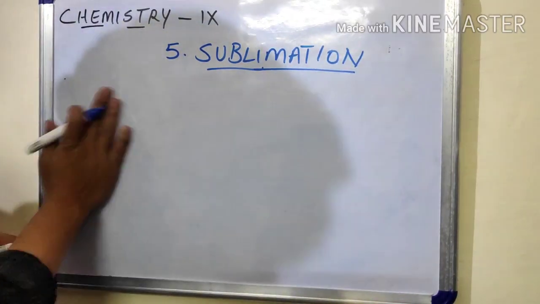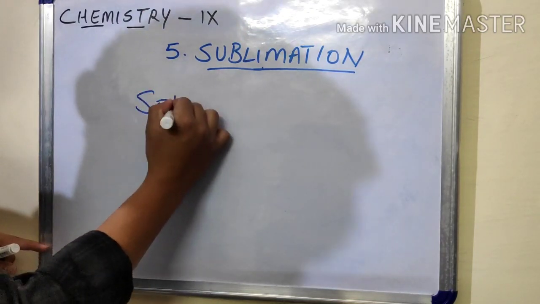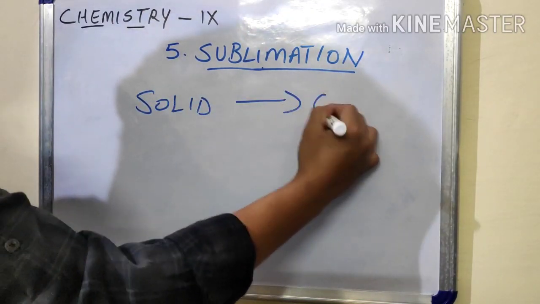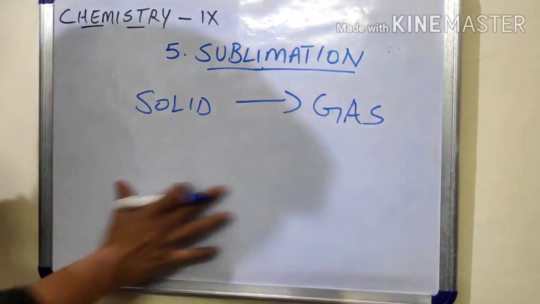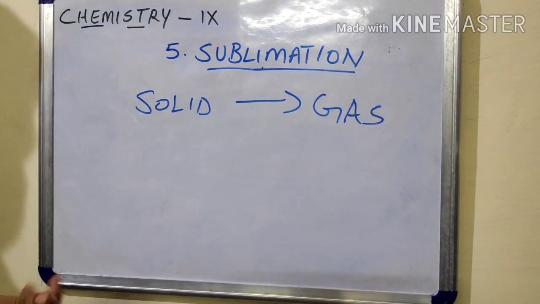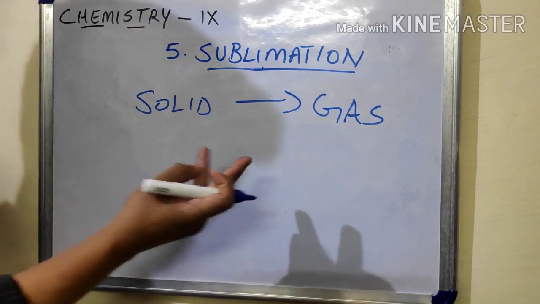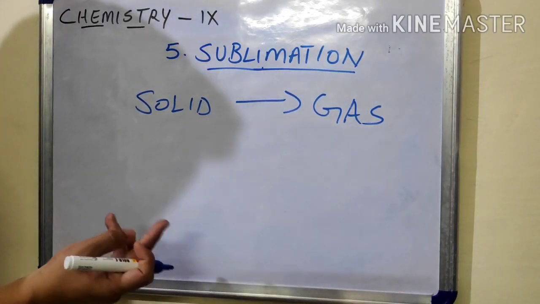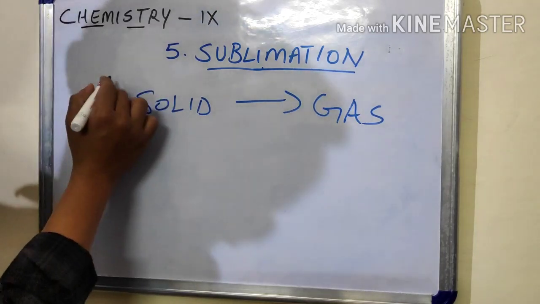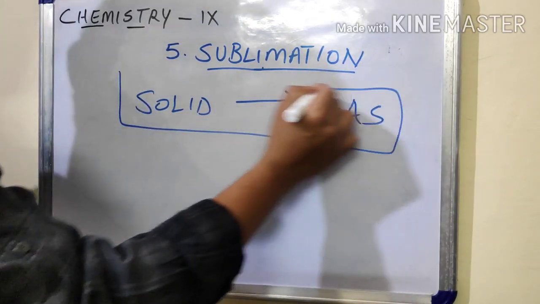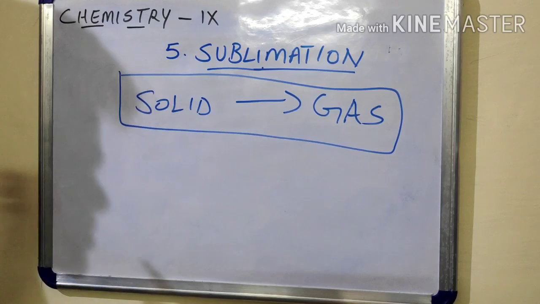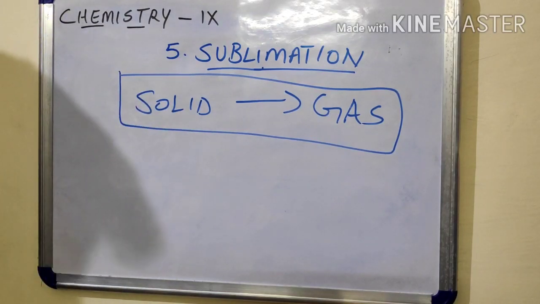We have a change from directly solid to a gas. No liquid in between them. What all changes did we study? Solid to liquid, liquid to solid, and we studied liquid to gas and gas to liquid. Now this is the fifth type of change, that is solid to gas. This is called sublimation.